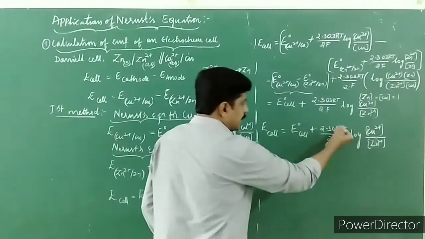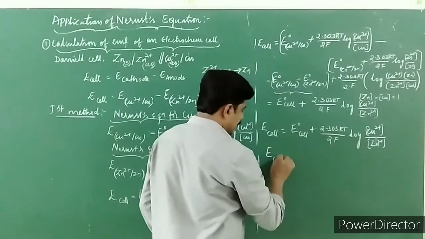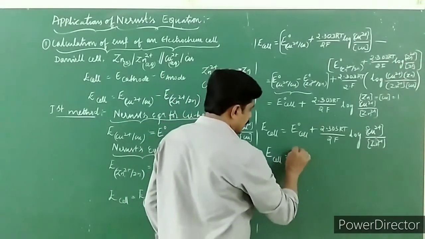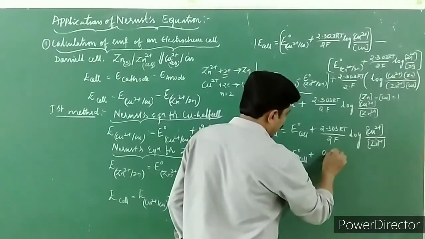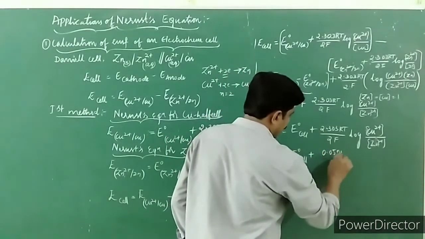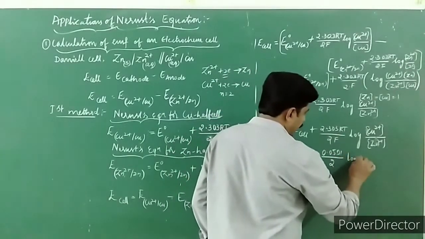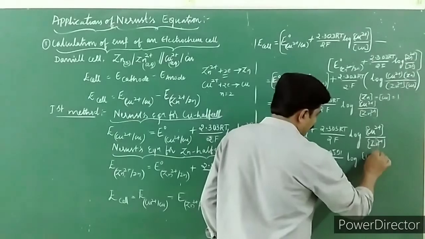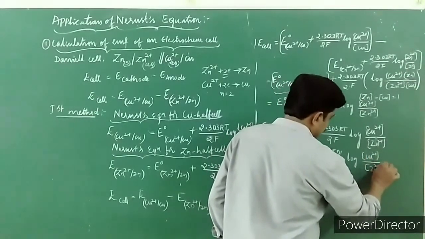Children, if you substitute the value here, look at what you are going to get. E cell is equal to E° cell plus 0.0591 upon 2 into log of molar concentration of Cu2+ upon Zn2+.